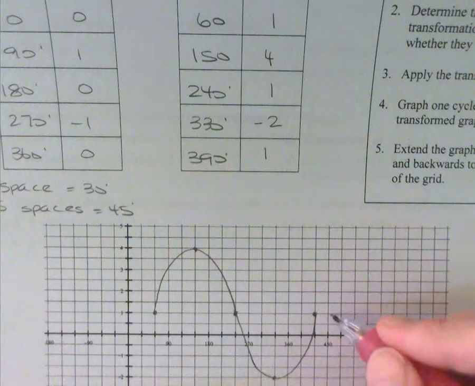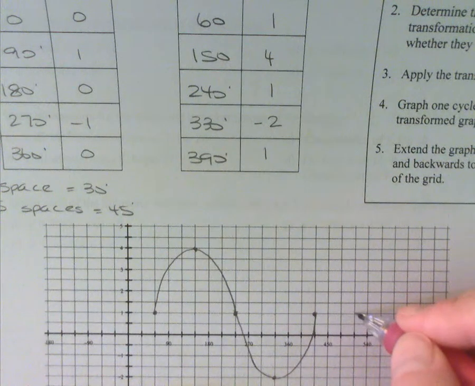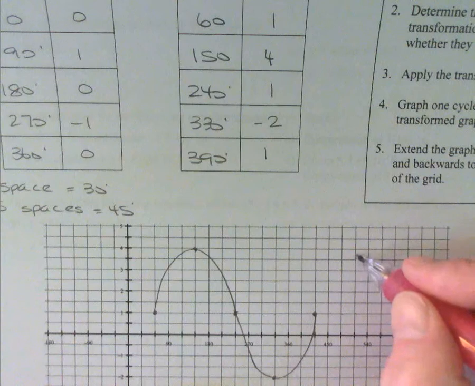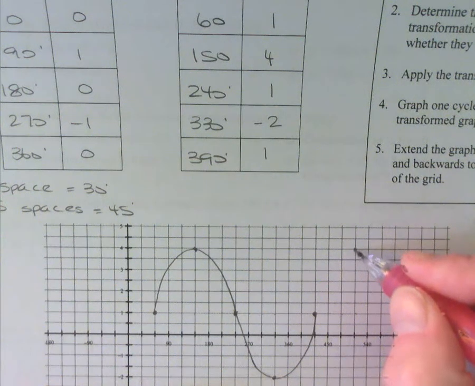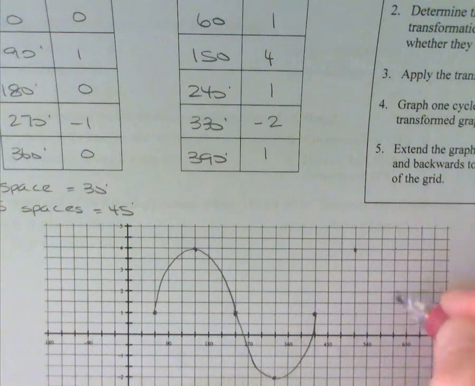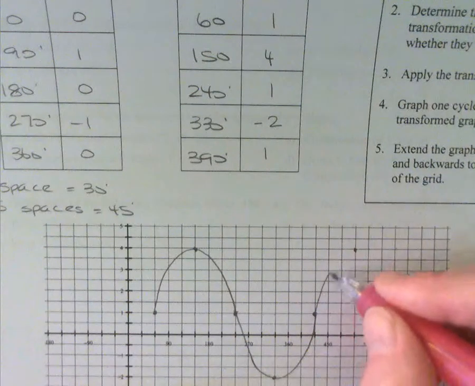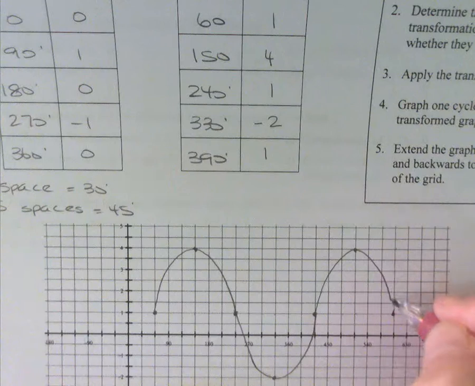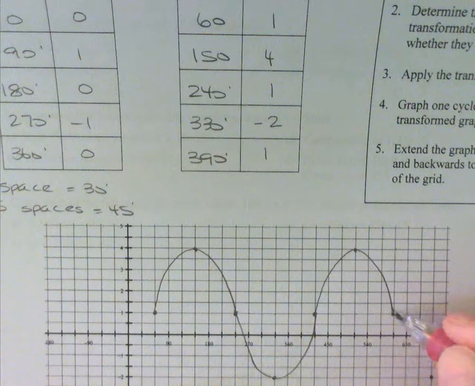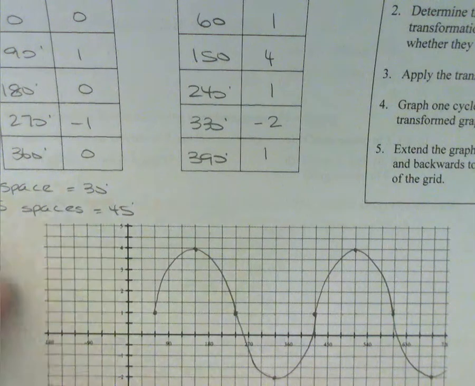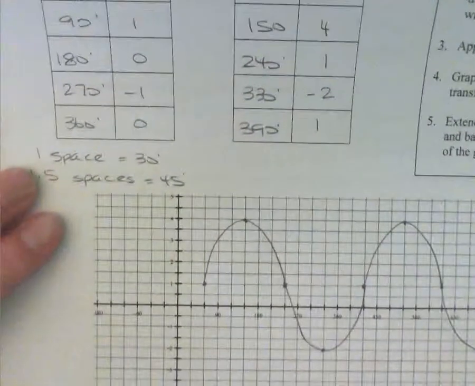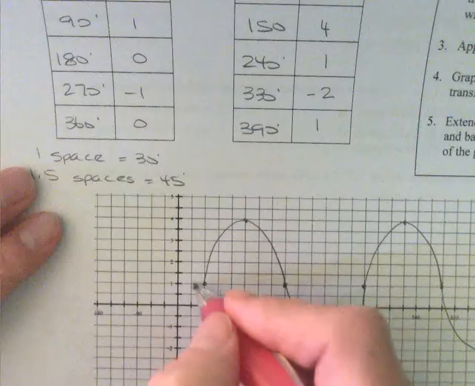So now I'm going to go 1, 2, 3. Where would I be going next? I would be going up. And then 1, 2, 3, back down to where the midline is moved to. 1, 2, 3, back down to here. So I'm going to finish this part of the cycle, another cycle. Where are we going? Probably up a little bit. Now I'm going to go over and finish this part. 1, 2, 3.